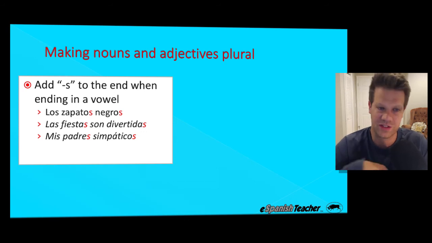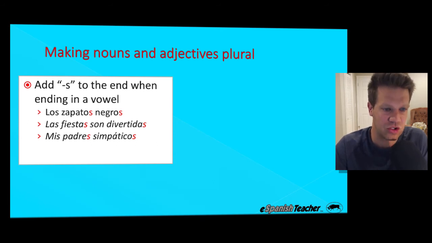It's a simple concept. We just add an S to any noun or adjective that ends in a vowel. Zapatos negros. Las fiestas son divertidas. Fiesta is the noun. Divertida is the adjective, and I've added an S to both of them to make them plural.